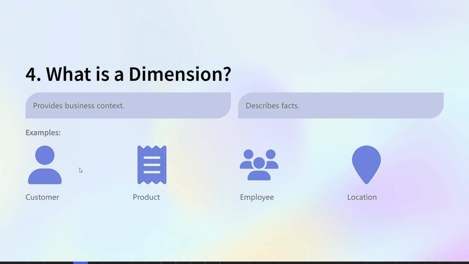In the customer dimension, the attributes are customer ID, name, city, and gender. It means we have provided a context for the customer. The same goes for product: product ID, product name, product category, and product price. So this is an example for customer and product.